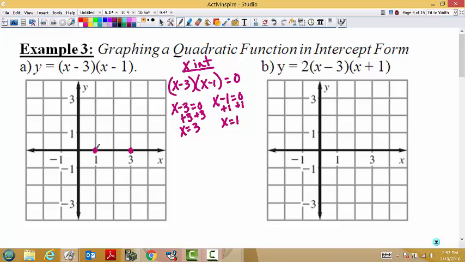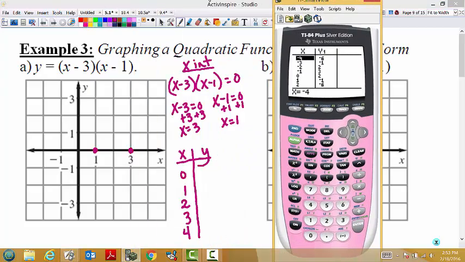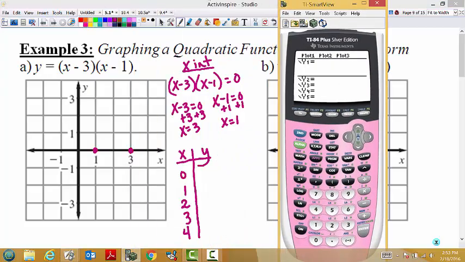and 1. Okay, so the vertex is always halfway. Like if I put 1 and 3, it's the number that's dead between the two. So the vertex is going to be 2. So then you're going to go over here and you're going to type in what you're given, x minus 3. Whoops, sad.